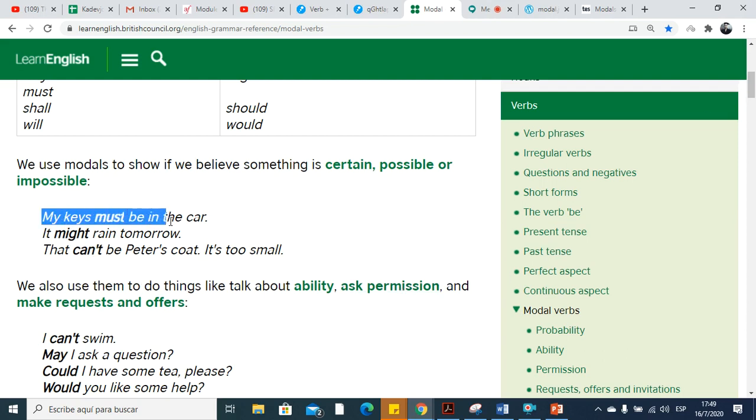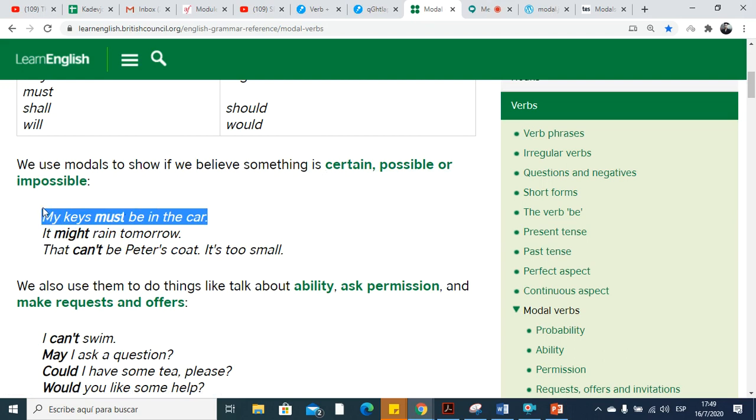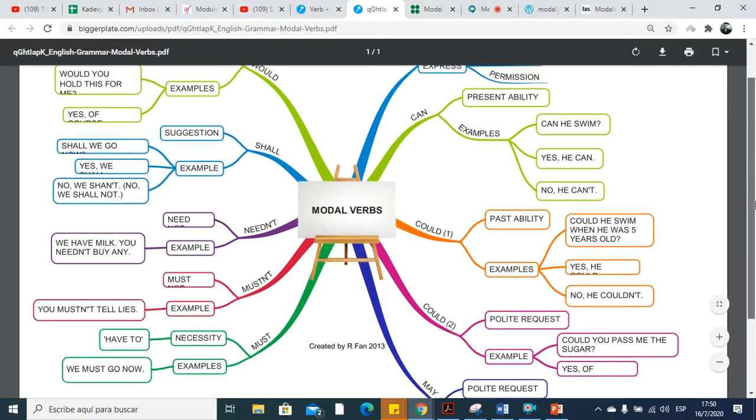Okay, so my keys must be in the car. It might rain tomorrow. That can't be Peter's coat, it's too small. It says we use modals to show if we believe something is certain, possible, or impossible. For the first example, my keys must be in the car, it means something certain, as we saw on the mind map with must.